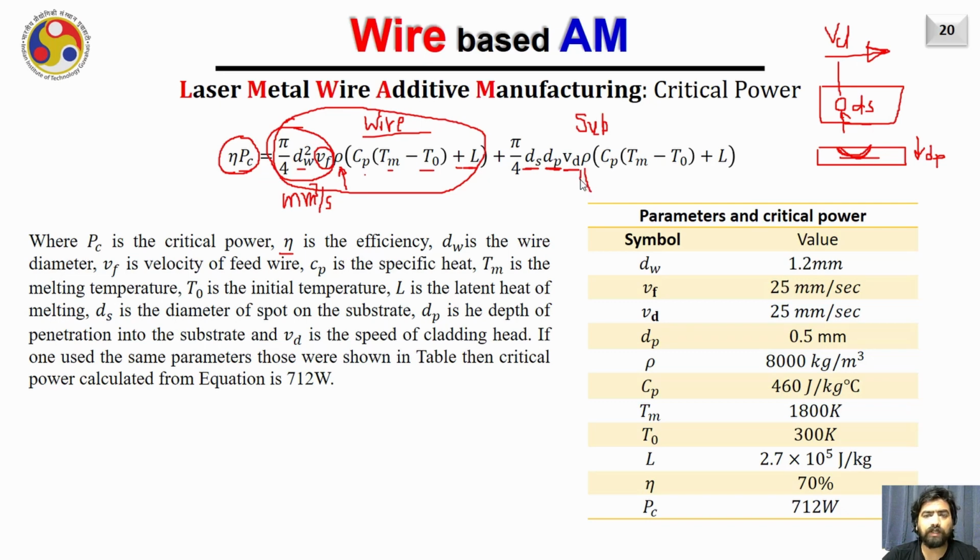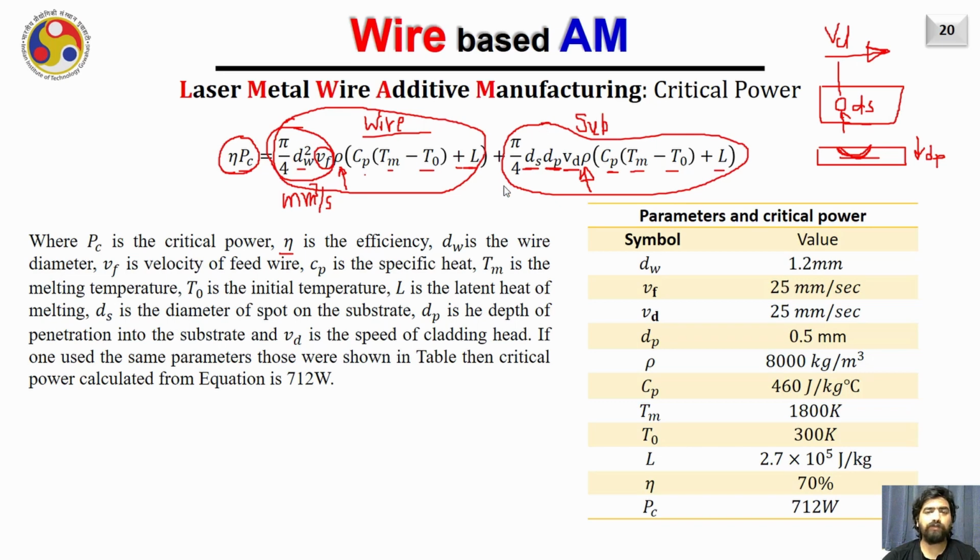Rho is the density of the substrate, and if the wire and substrate are of the same material, then rho can be the same. Then Cp is the specific heat, Tm is the melting temperature of the substrate, T0 is the room temperature, and L is the latent heat of melting. So this much power will be required to melt the substrate.